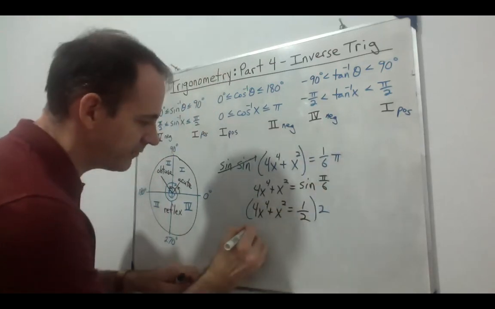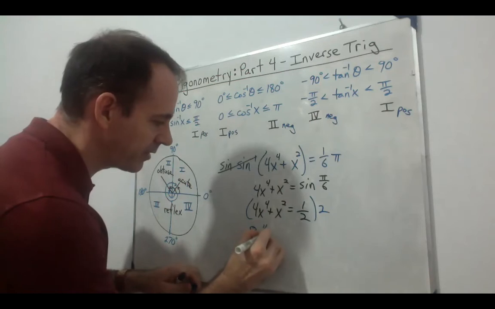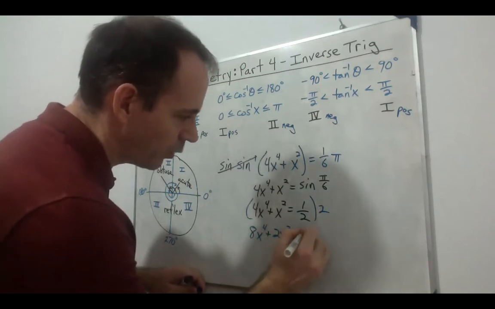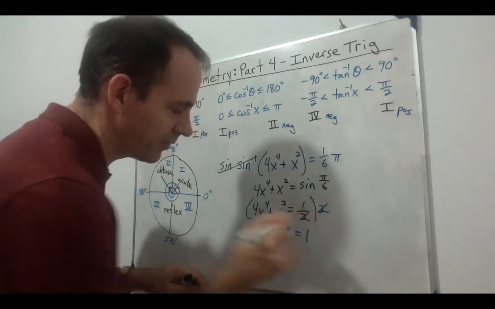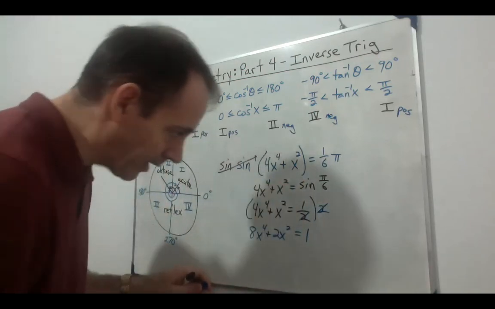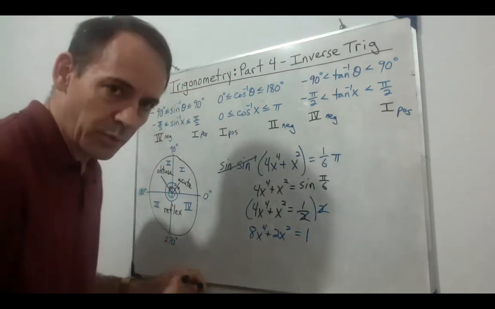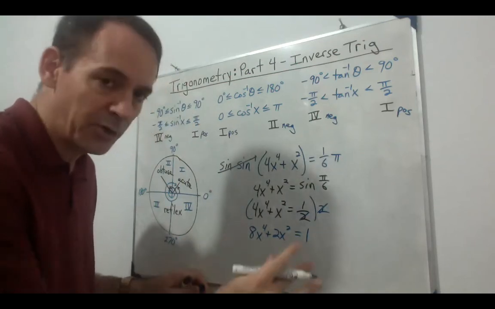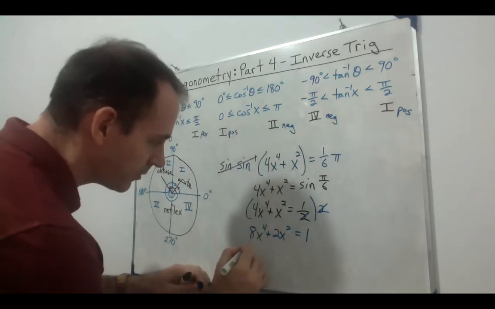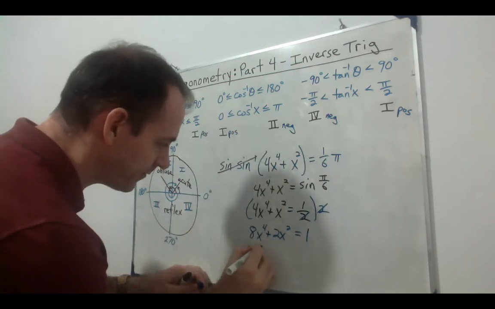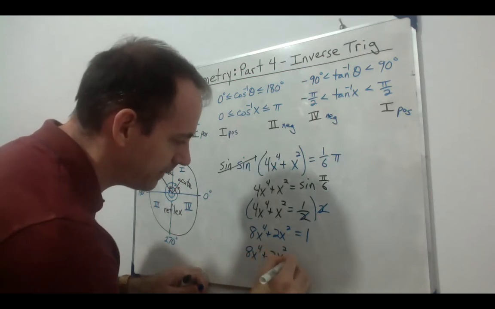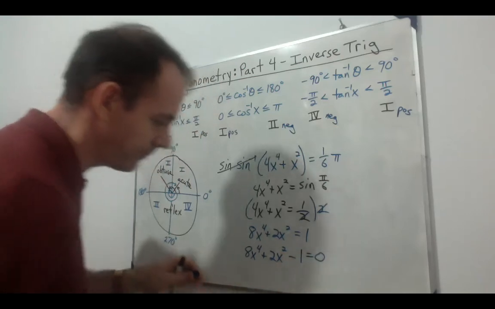And so that's going to give us 8x to the fourth plus 2x squared equals 1, because the 2's over here cancel when we multiply it by this one. Then, because we have a polynomial, we get it all on one side, set it equal to 0. So we get 8x to the fourth plus 2x squared minus 1 equals 0.